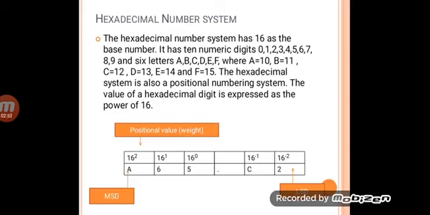The hexadecimal system is also a positional numbering system. The value of a hexadecimal digit is expressed as a power of 16. See the table.